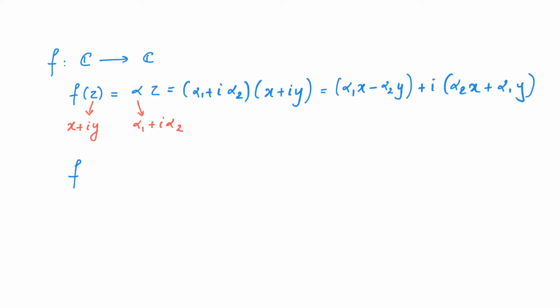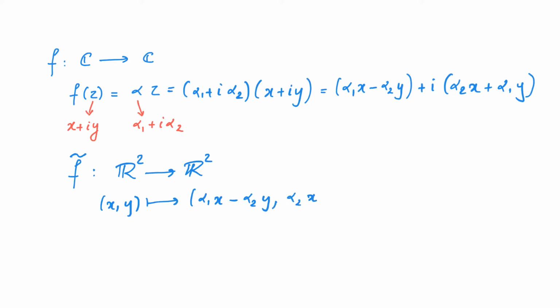Therefore, if we visualize this function as a function from R2 to R2, I'm calling it f tilde because it's not exactly the same as f. It takes the point (x, y) to the point (alpha 1 x minus alpha 2 y, alpha 2 x plus alpha 1 y).